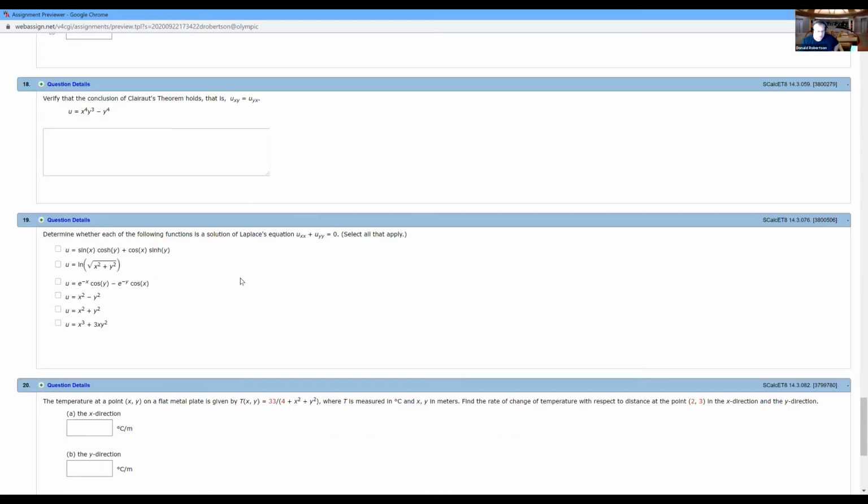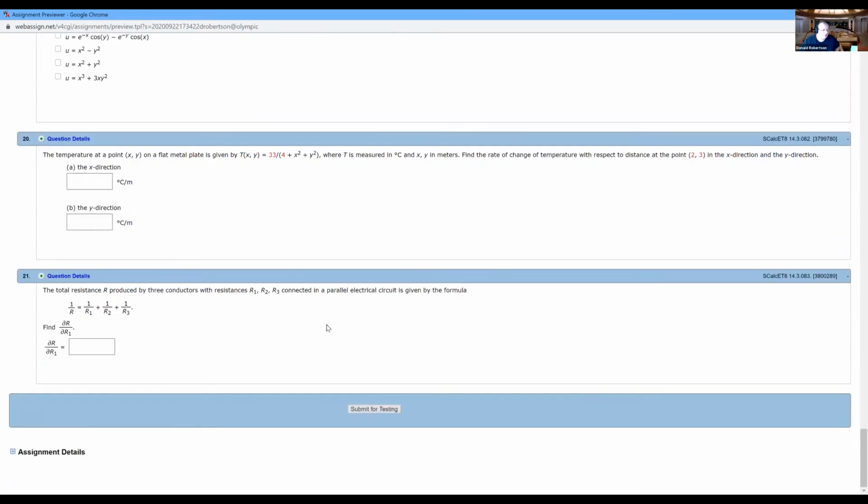Basically partial derivatives. Okay. Let's return now and show you some of the stuff that I haven't covered or are a little bit trickier.